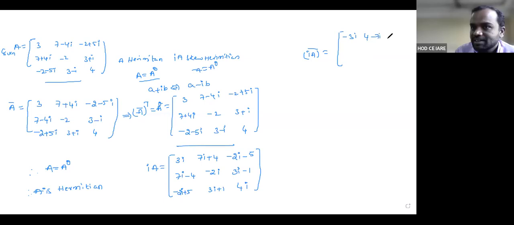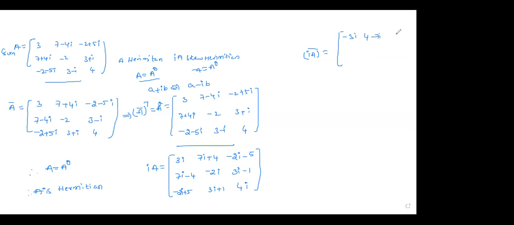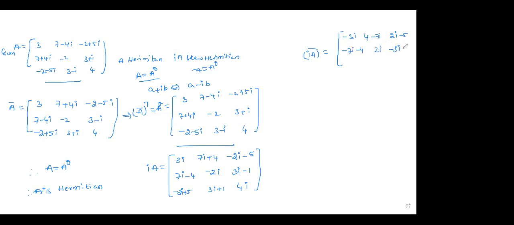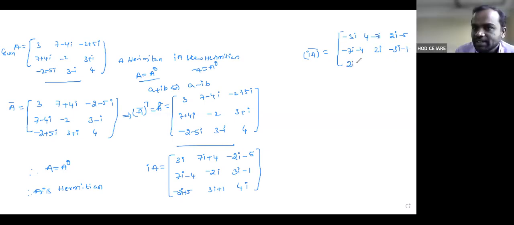Next 2i, 2 minus i; minus 7i minus 4, plus 2i; 2i minus 1, minus 3i, 3i minus 1. Okay, next 2i, 2i plus 5. Next 3 minus 3i plus 1, minus 4i. Okay, and their transpose.